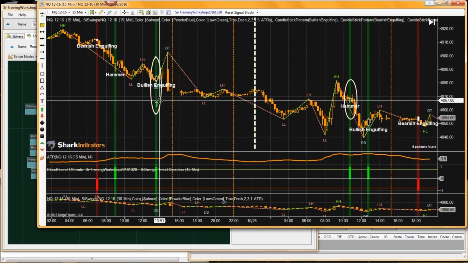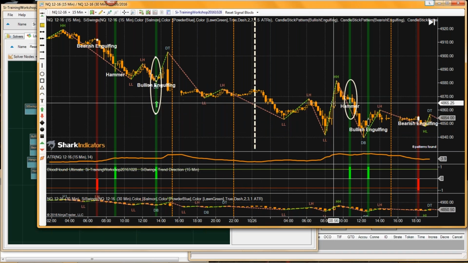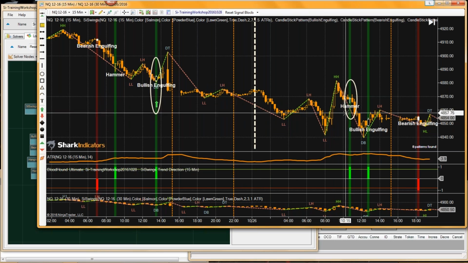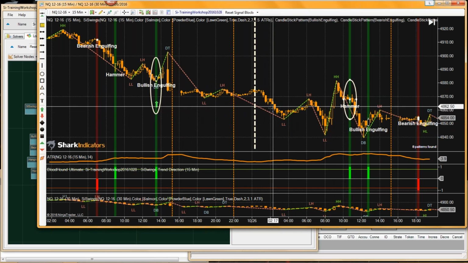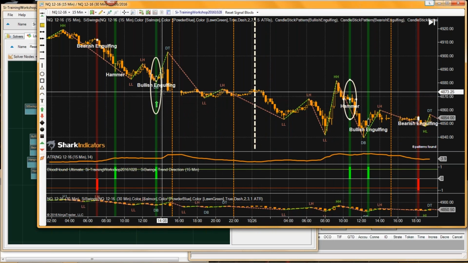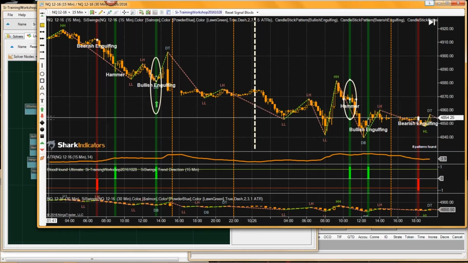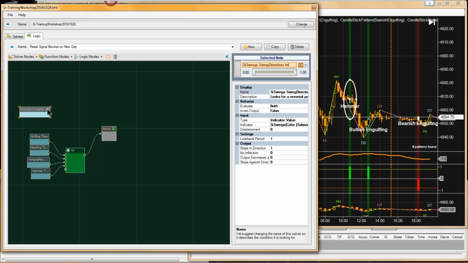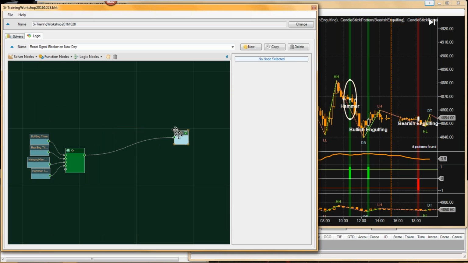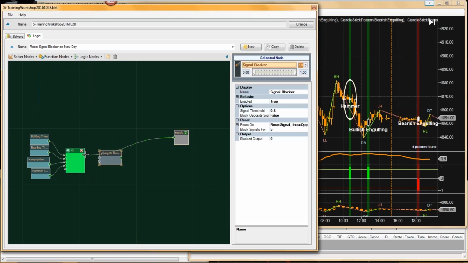And so the previous day, we had a long signal, and then the new day starts, and we get another long signal. So we don't want the signal blocker to be blocking this long signal once we get past the new day. So let's just show a signal blocker, and we'll show the issue here.